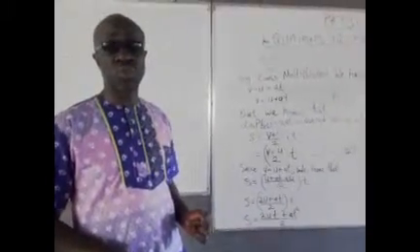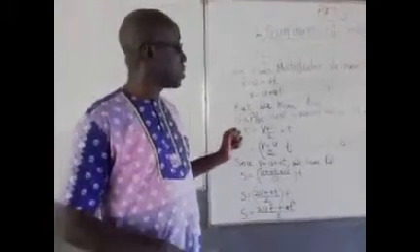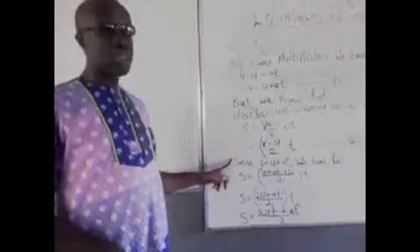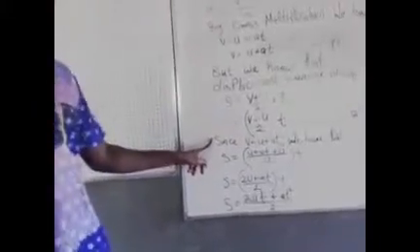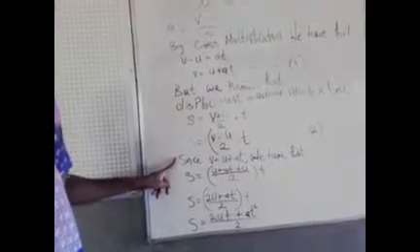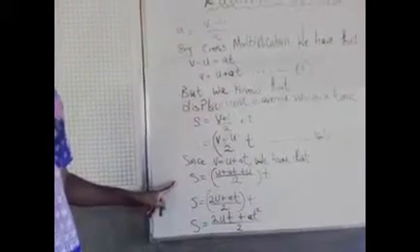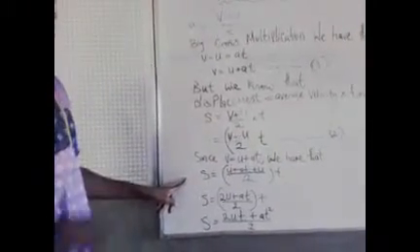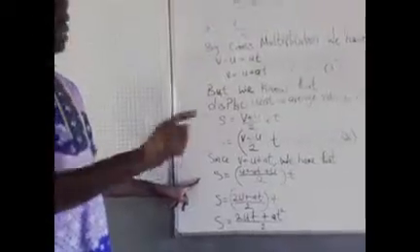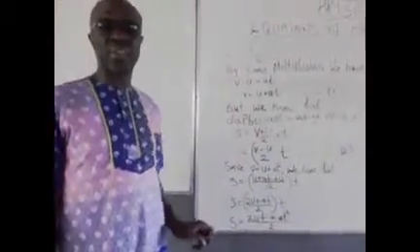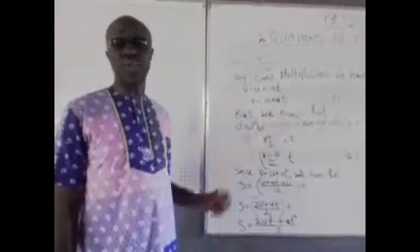Suppose we substitute V equal to U plus AT in the second equation. We are going to get S equal to, open bracket, U plus AT plus U all over 2, bracket T. When we add U and U, we get 2U.